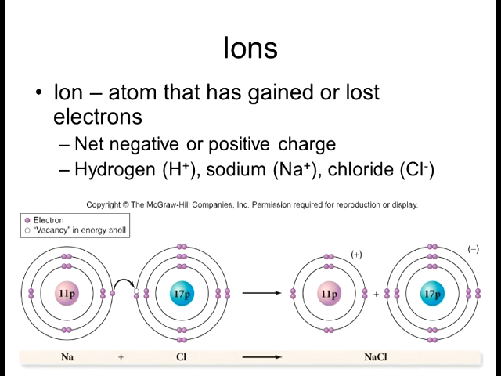So, sodium and chloride are 2 prime examples of this. Sodium has 11 protons to it. As such, it has 11 electrons. Well, let's fill up the shells. How many in the first? 2. How many in the second? 8. How many in the third? 1. What's easier?